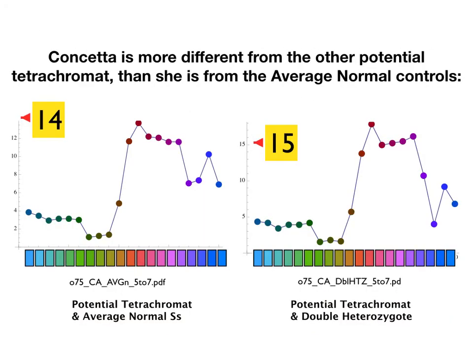Finally, if we compare the difference between Concetta's data and the trichromatic control data with the difference between Concetta's data and the other potential tetrachromat that was tested, we notice that Concetta is even slightly more different from the other potential tetrachromat at the maximum level of Euclidean distance that she obtains in certain regions of the color space.